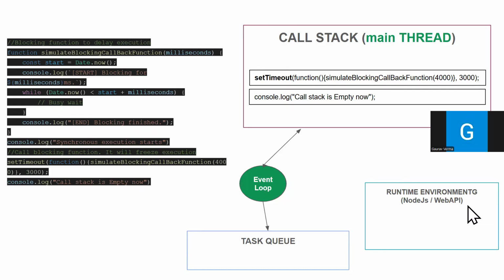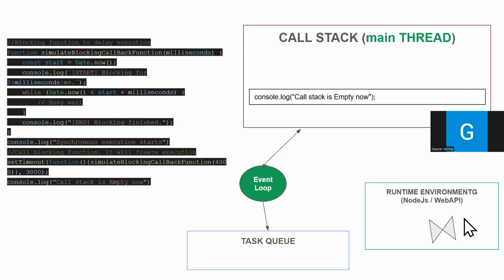If we are running on the browser on the server side, it would be Node.js. And this Node.js or web API will handle this waiting time, 3000 milliseconds or 3 seconds. So it would be waiting for 3 seconds.